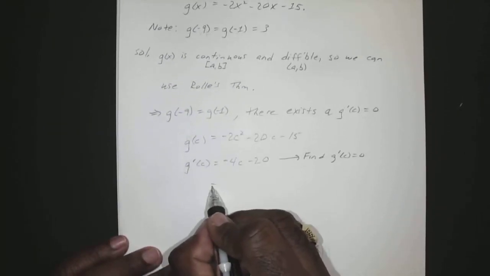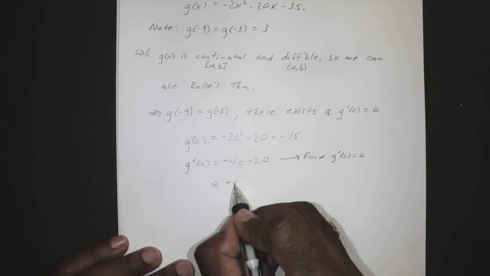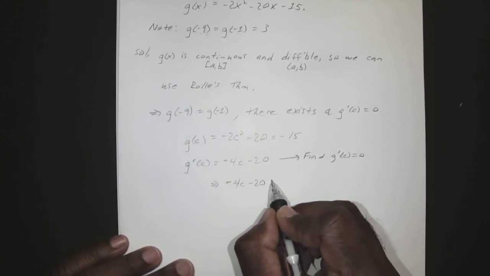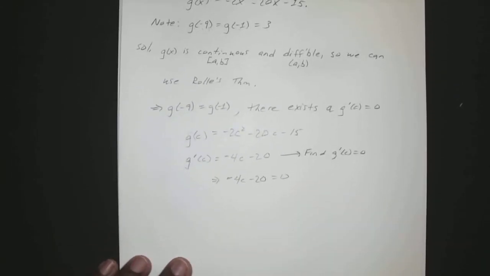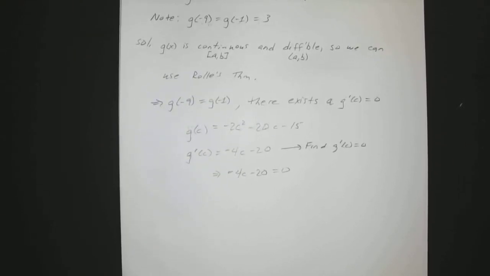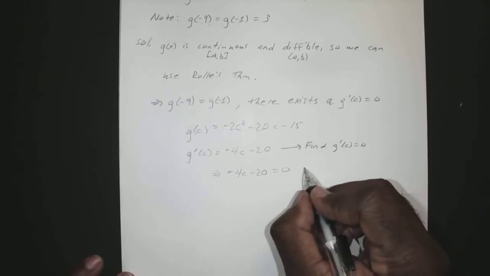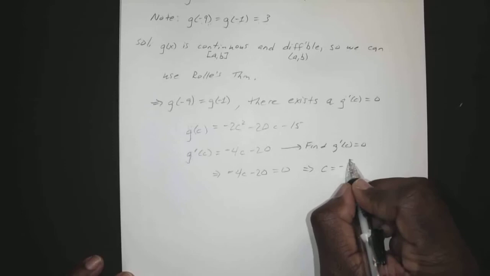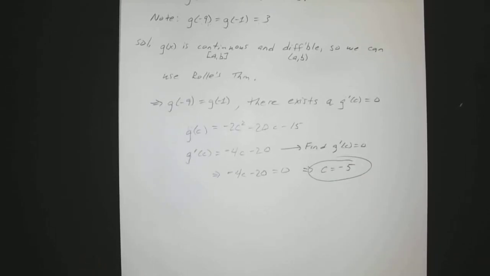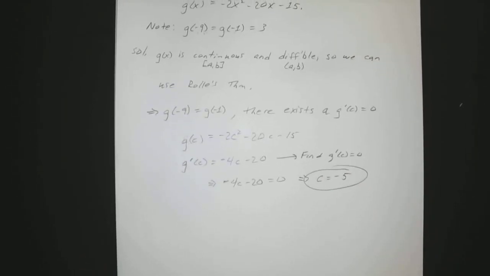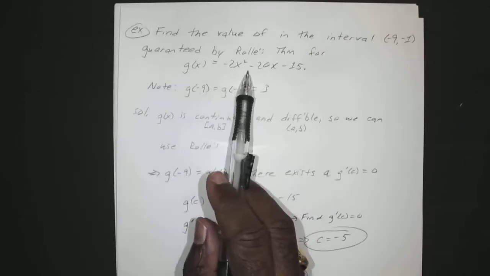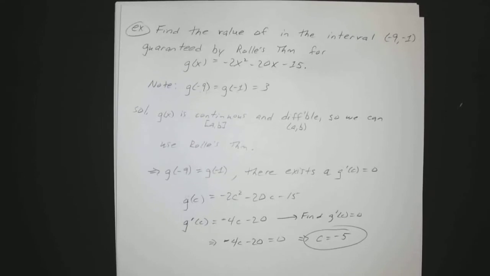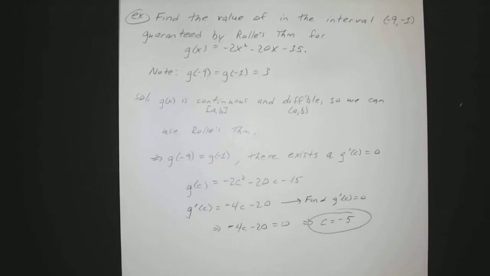So that means we just have to find where -4c minus 20 is equal to 0. If we add 20 to both sides, divide by -4, we know that c is equal to -5. Okay. So if we plugged that -5 into our original equation, we would actually end up with the point where the slope is equal to 0.